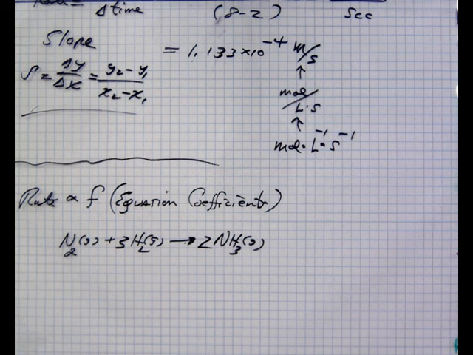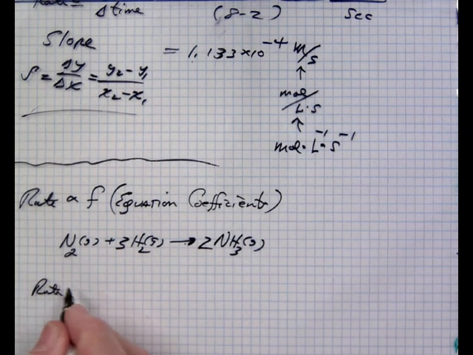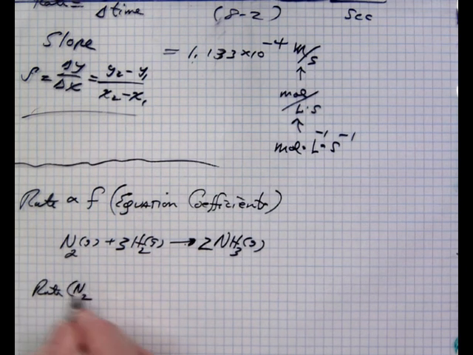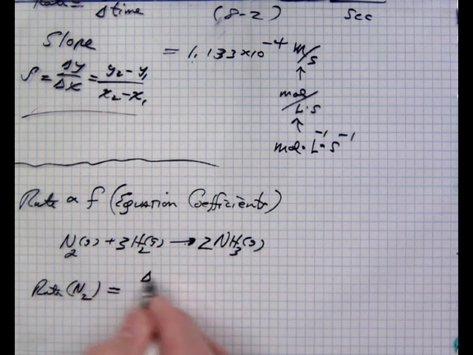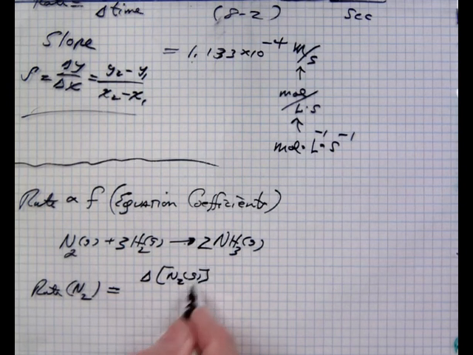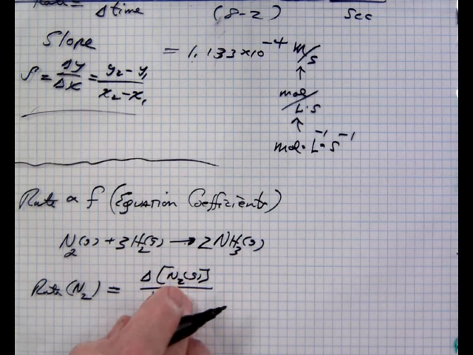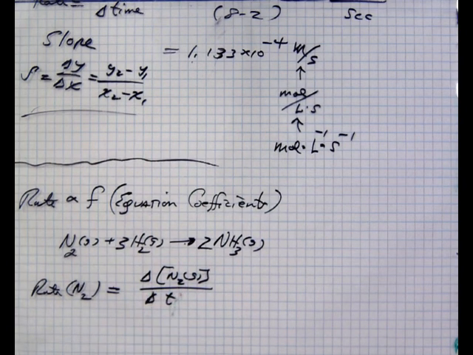Interpreting this equation into rate terms, you still use the definition of rate: change in concentration over change in time. The rate associated with the N2 gas is the change in the concentration of N2 gas over the change in time, t. That's the rate change of your nitrogen.